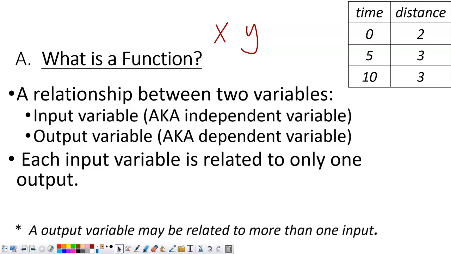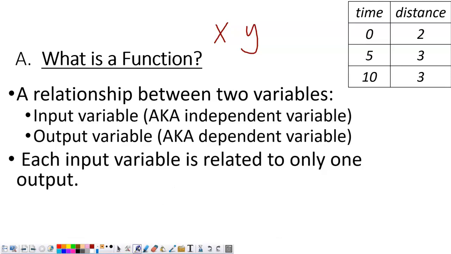So let's talk about what that means for a second here. So in this little box up here at the top, we have two variables. We have time and distance. Okay, time is related to distance, and one of these variables is going to be an input and the other one's going to be an output.